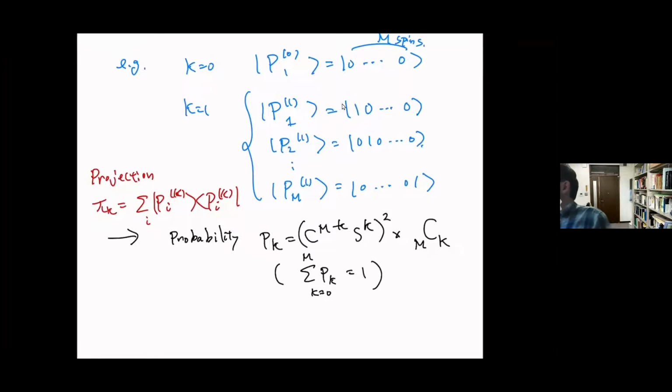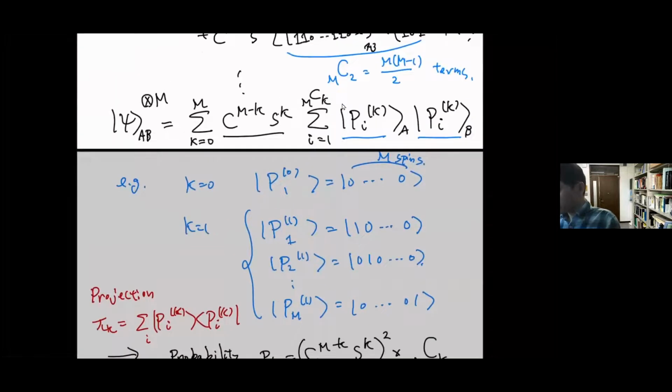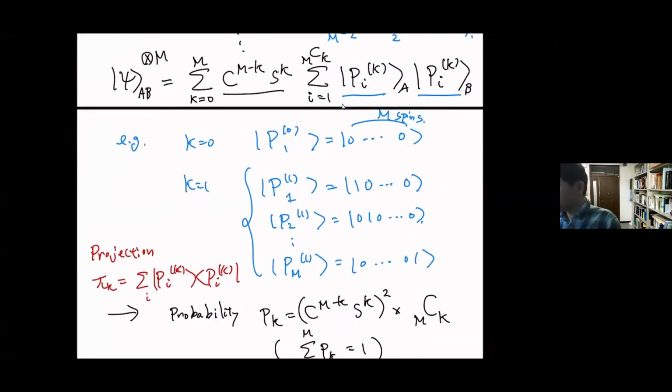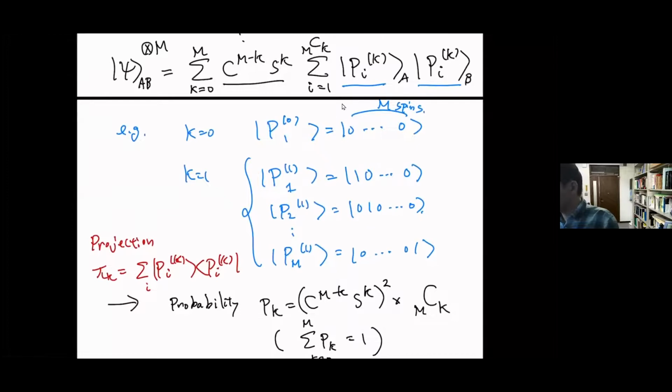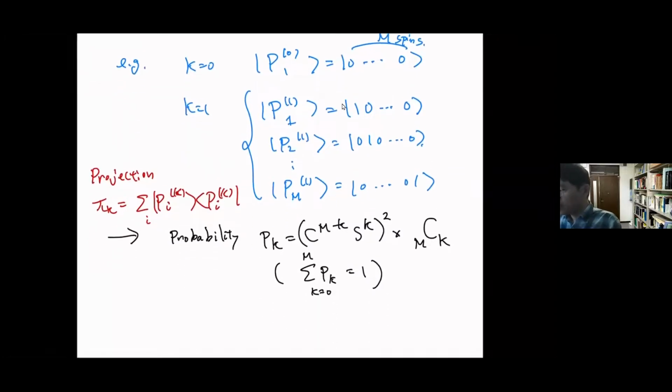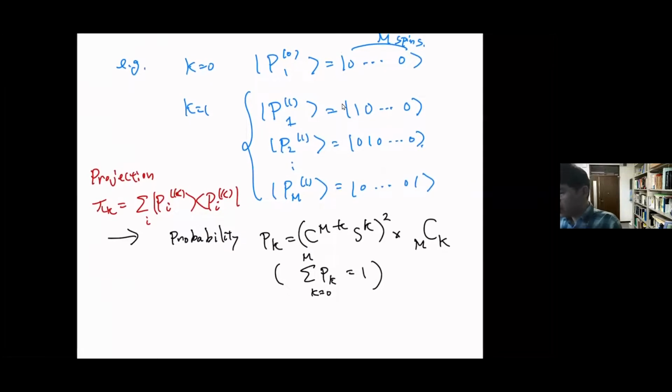So we get a probability distribution. We can restrict to the k sector given by this EPR pair with this probability. And then you can talk about the averaged number of EPR pairs.